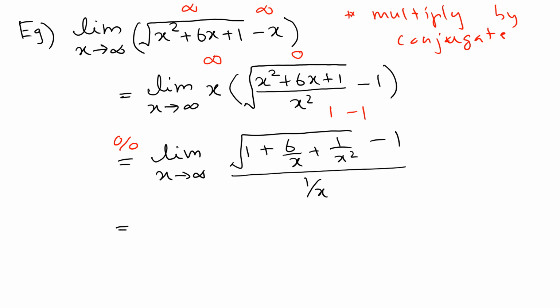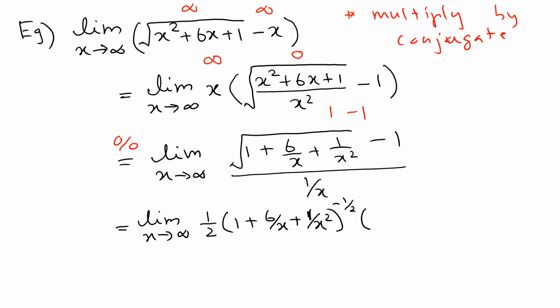You're going to write the limit part first: limit as x goes to infinity. So it's a 1/2 power. By the chain rule, it is 1/2 times 1 plus 6 over x plus 1 over x squared to the negative 1/2, times the derivative of the inside function, which is negative 6 over x squared by the power rule.